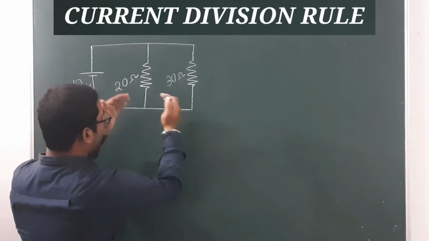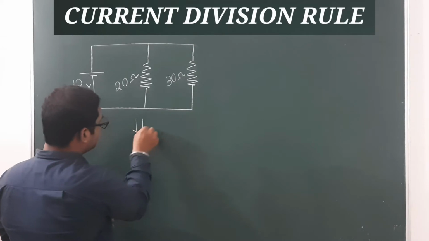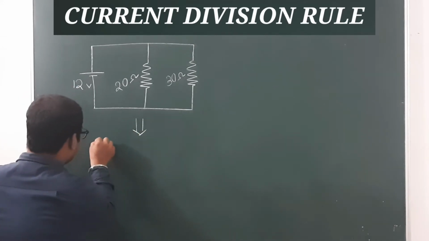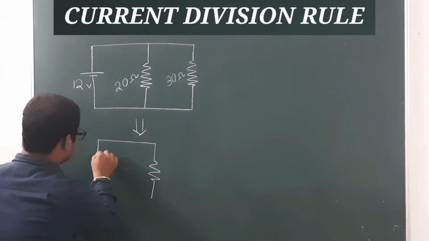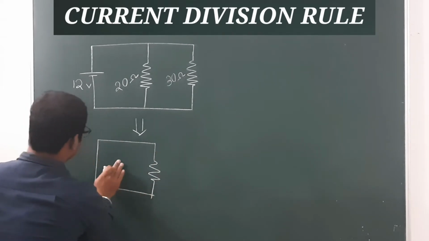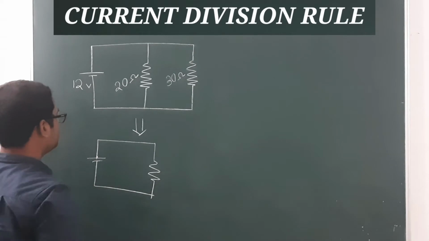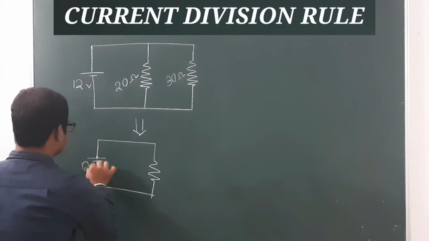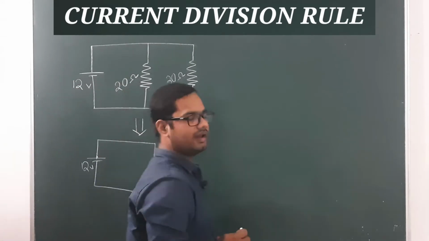I will first find the equivalent circuit: the 12 volt source with two parallel resistances.